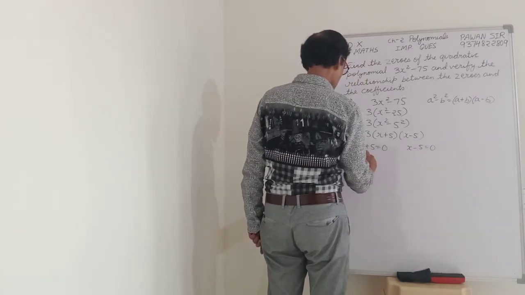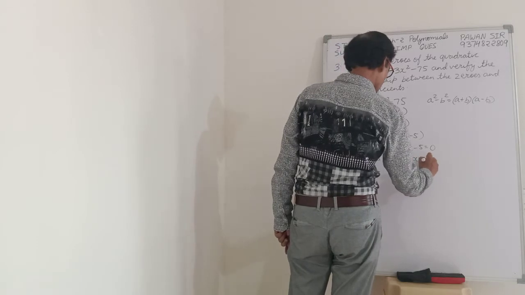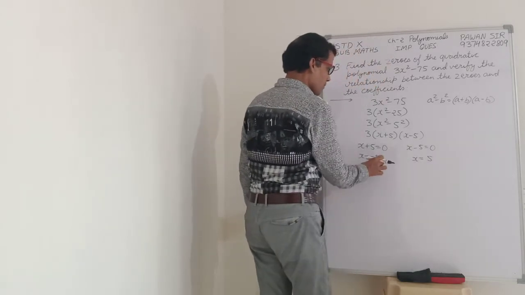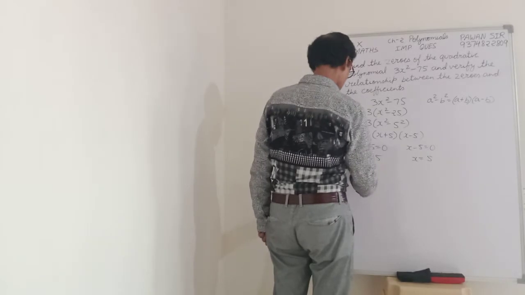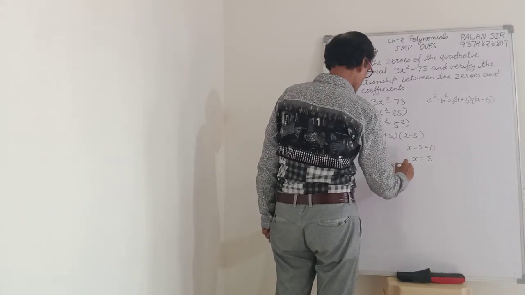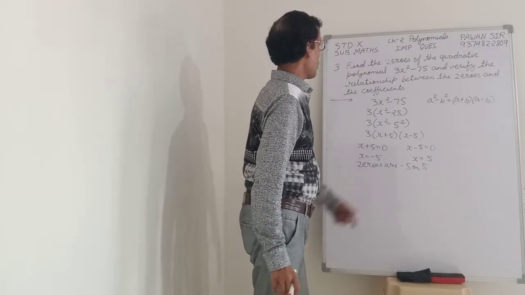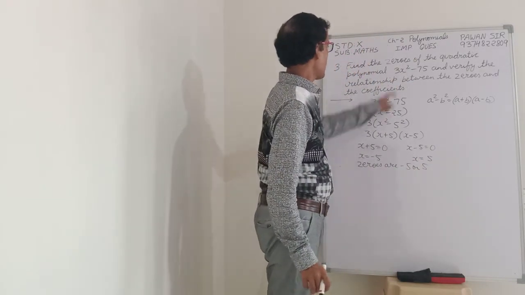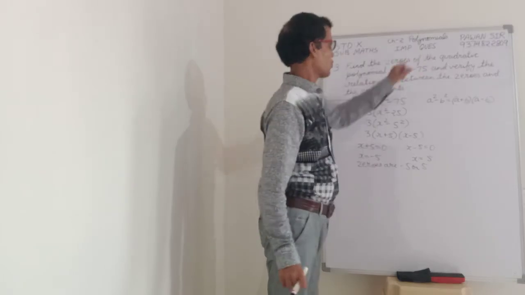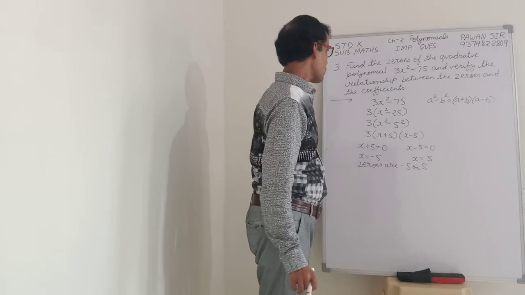So x = -5, and from here you get x = 5. So the zeros are -5 and 5. So this is the first part, find the zeros. Okay. Now we have to verify the relationship between the zeros and the coefficients.